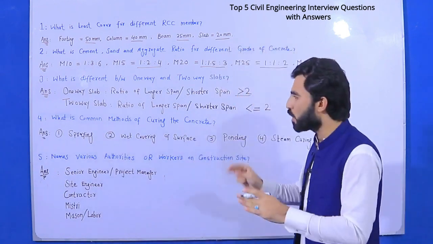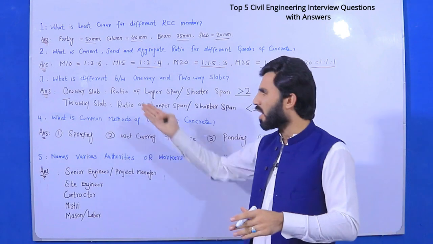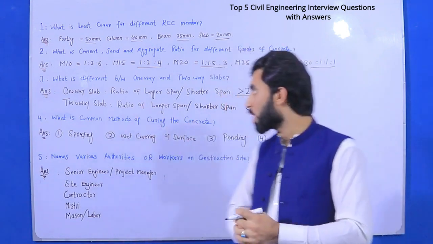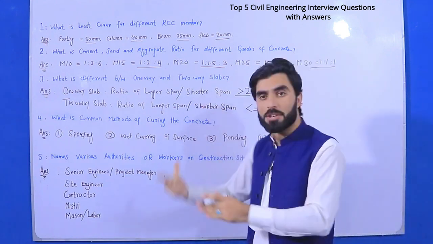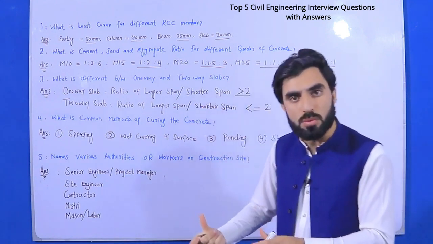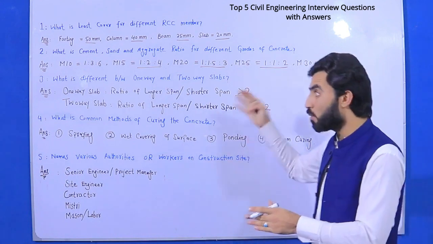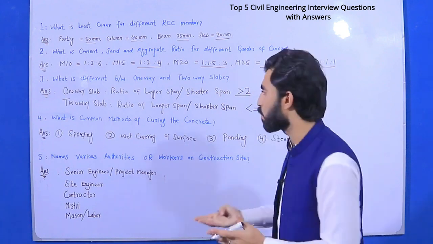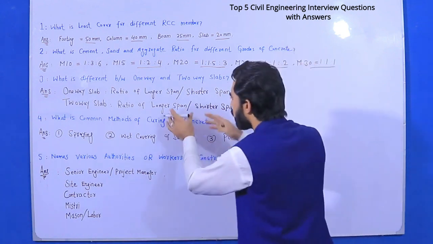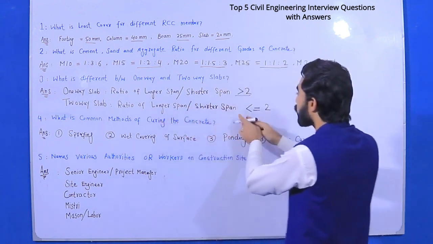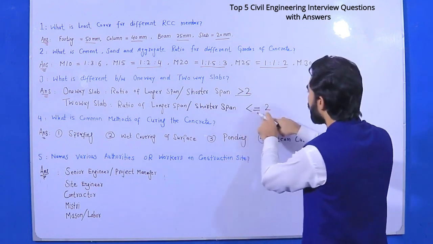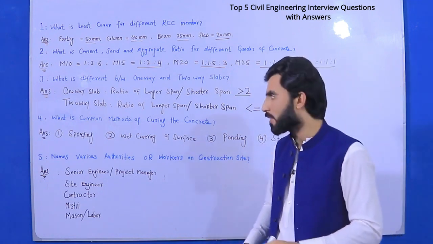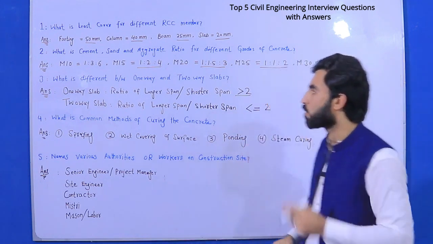If you need it in detail, the link is in the description of this video. And two-way slab, ratio of longer span divided by shorter span less than or equal to 2. So this is two-way slab. This is the answer of the third interview question.